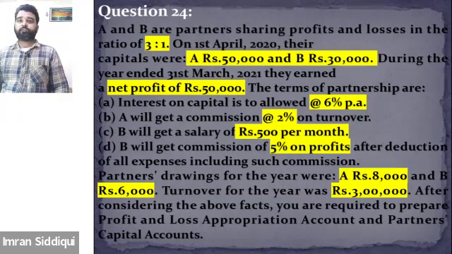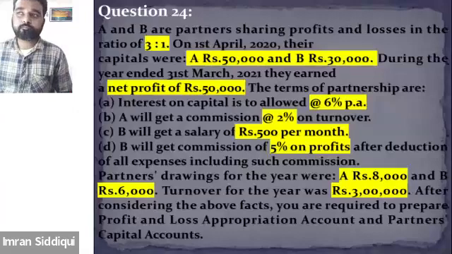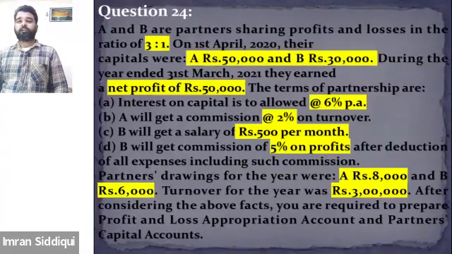The question also says that during the year, the business generated a net profit of 50,000. And the terms of partnership further specify that interest shall be allowed at 6% per annum to both the partners on their capital contribution. And A will also get a commission of 2% on turnover.